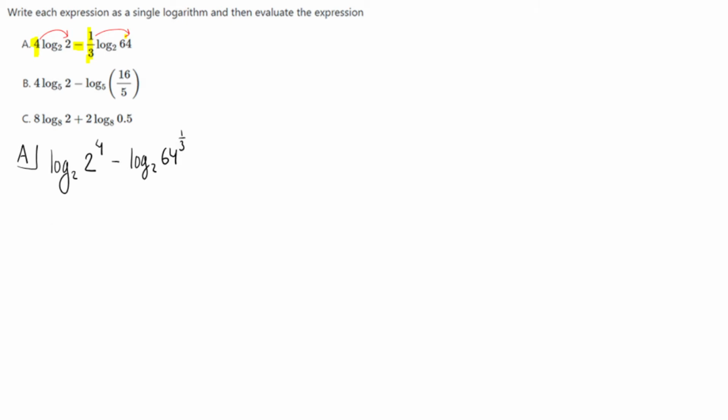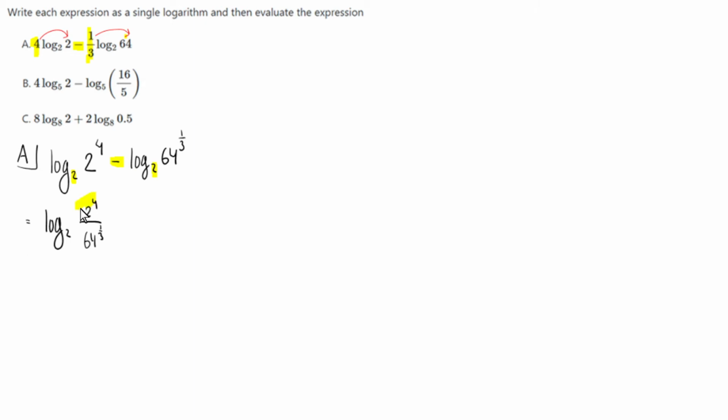Now, when we're subtracting logs that have the same base, in this case both logs have the base of 2, we can merge them together using the quotient law, which means we get a single log where the argument becomes a quotient. So we can rewrite this as log 2 of 2 to the 4 over 64 to the 1/3.